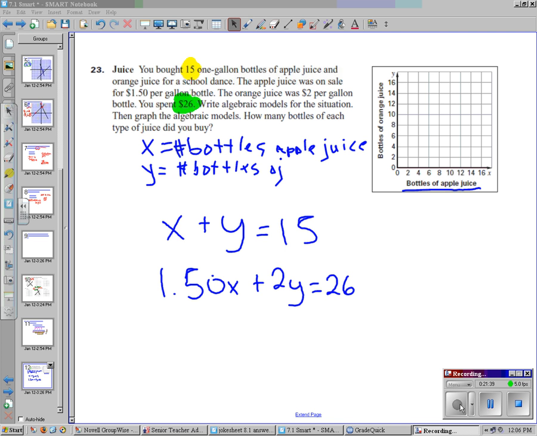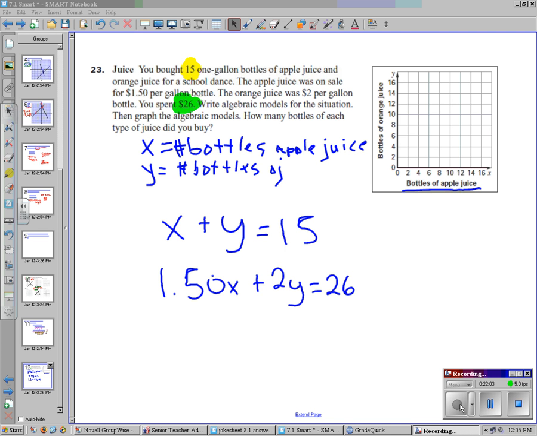Okay, $1.50 times how many apple juice bottles you have, plus $2 times how many orange juice bottles you have. Money plus money equals money. So I needed that total $26 as well. Those totals give you a hint of what things to add together. So those two equations are correct.